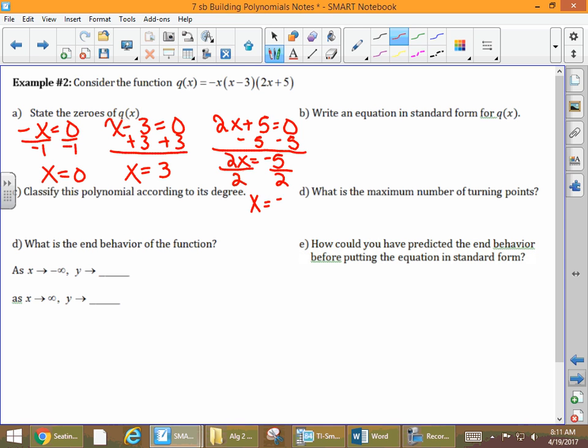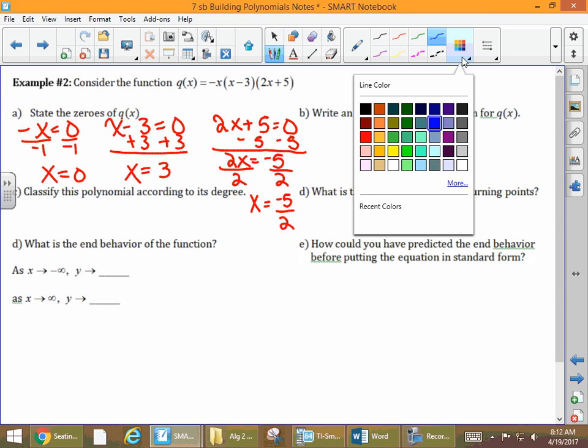I ran out of a little bit of space there, but x equals negative 5 halves. There's our zeros, which I frequently call roots. Zeros or roots are where the graph crosses the x-axis. They're x-intercepts. Part B says that we want to write the equation in standard form.